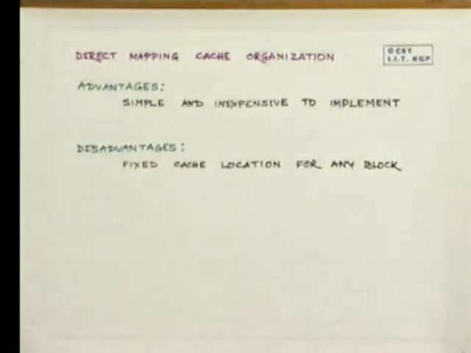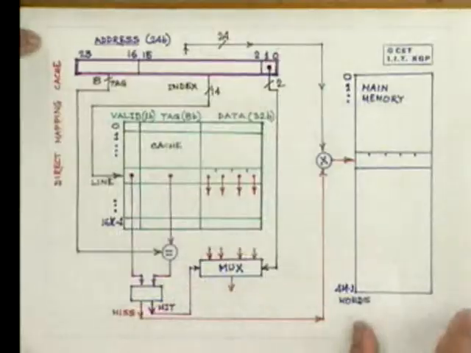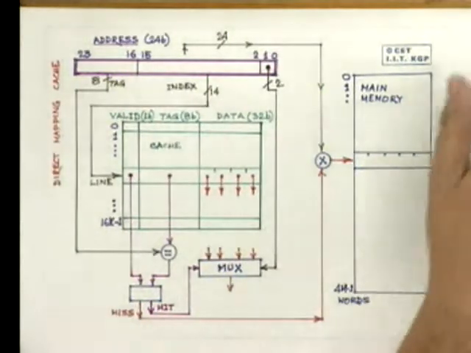Therefore, let's see what we have obtained here in this direct mapping of the cache. By the cache, we are getting a fast access, but at the cost of DRAM, at the cost of the main memory. A mapping has to be involved.